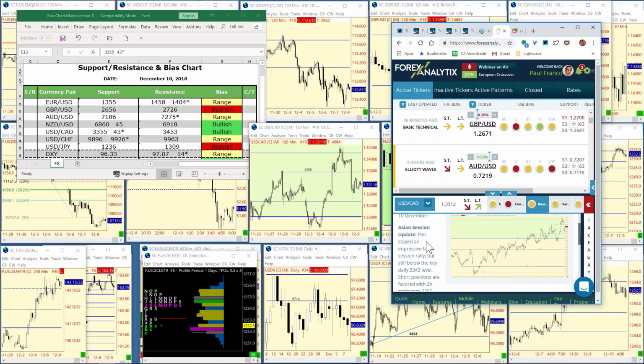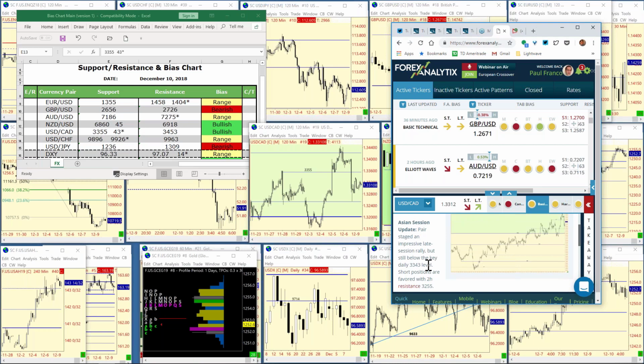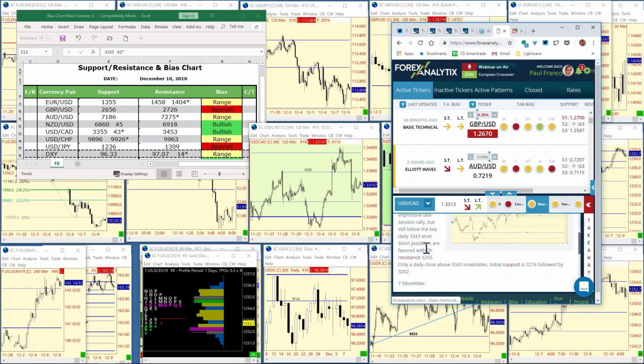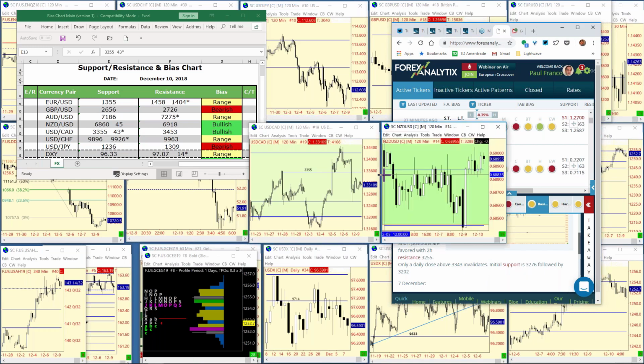So it says it appears to stage an impressive late session rally, but still below the key daily 33.43. Short positions are in favor with the 2-hour resistance coming in at 32.55. Only a daily close above 33.43 invalidates. Initial support is 32.76 followed by 32.02.